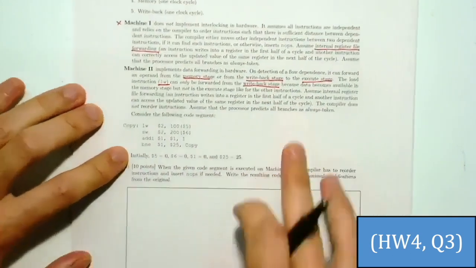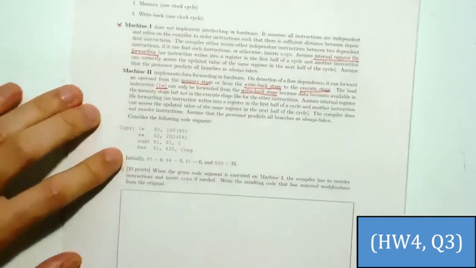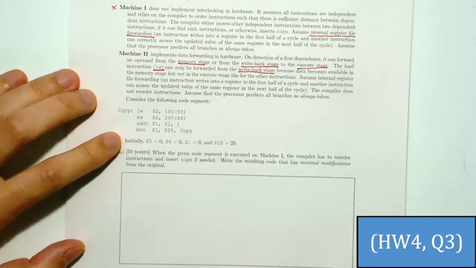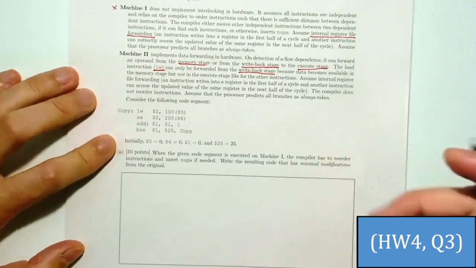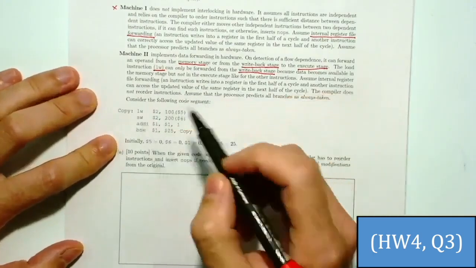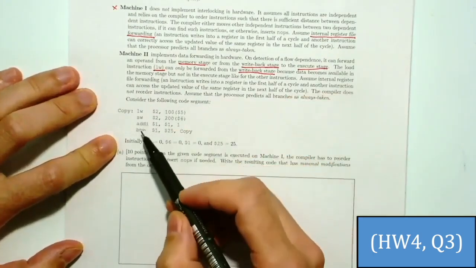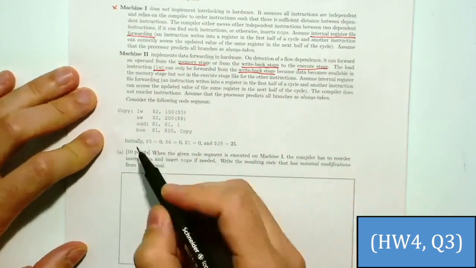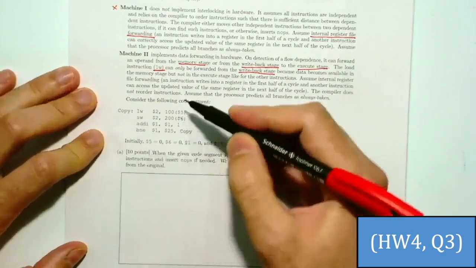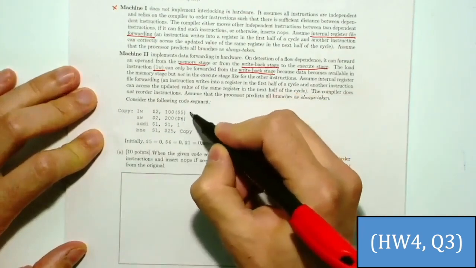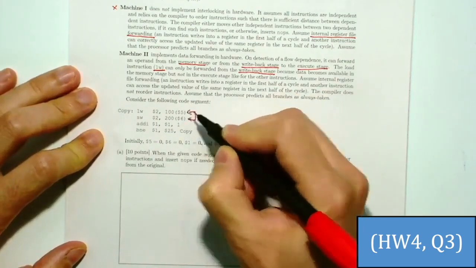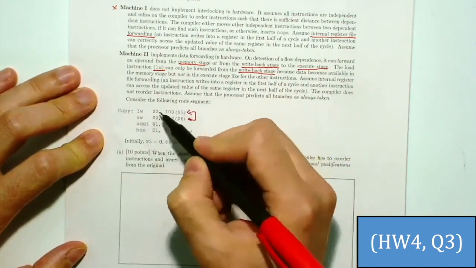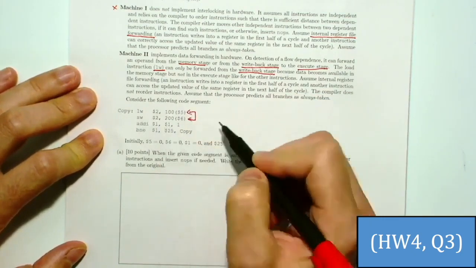We have this piece of code: load and store and add immediate and a branch. And these are the initial values. Basically, we have dependencies here. These two instructions are dependent. We load in register 2 and we store register 2 into memory.